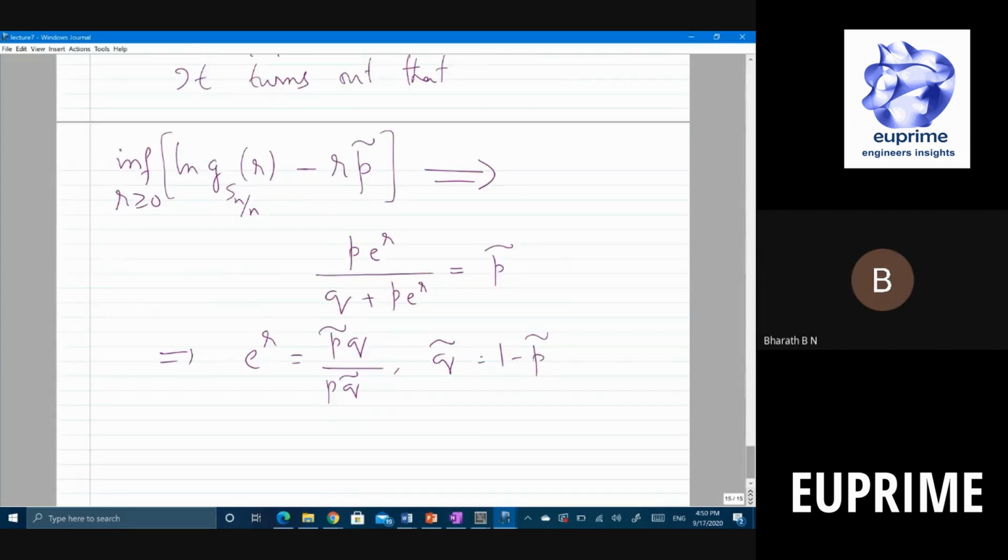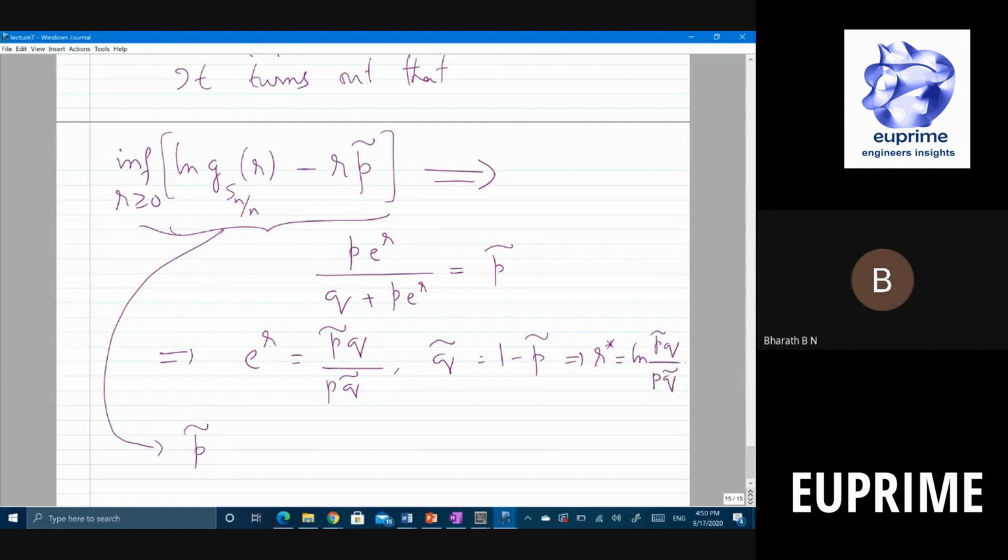Okay, this is what you get. Now I can write this whole thing in the following way. When I substitute for r, this implies r star, the optimal, would be ln of p tilde q by p q tilde. Okay, this is what we have.